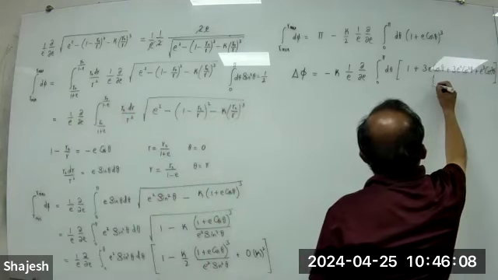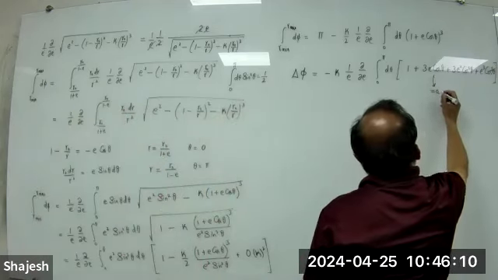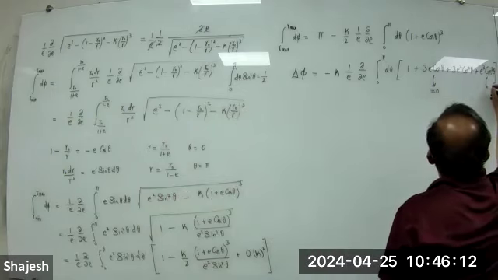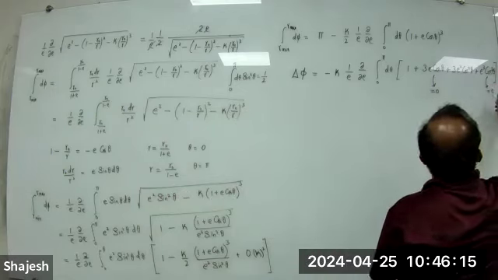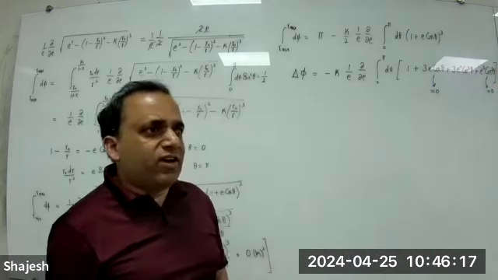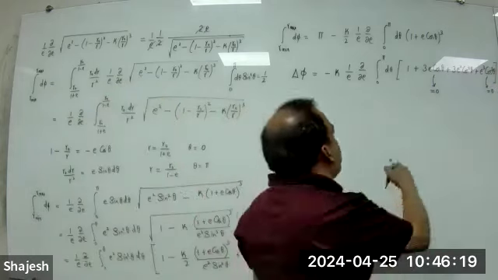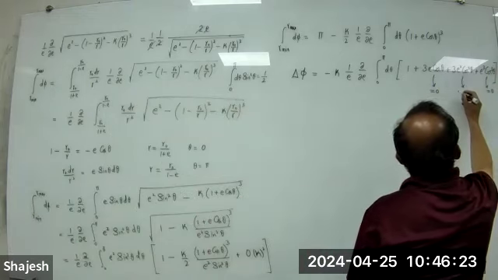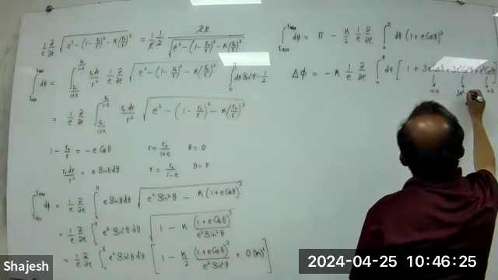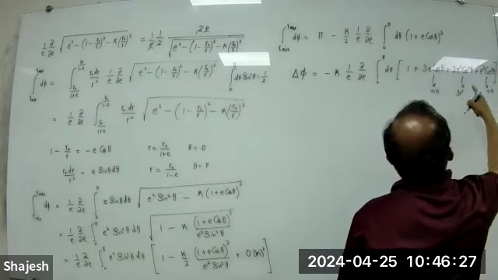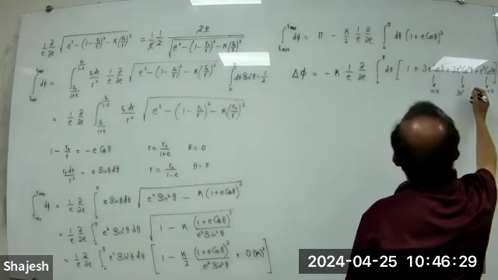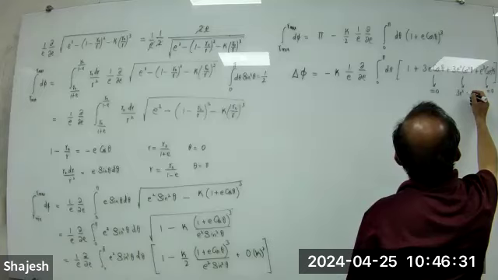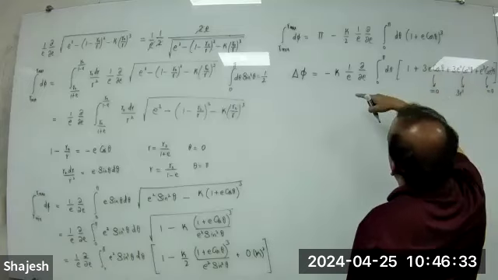This integral comes out to be 0, and this integral comes out to be 0. Odd powers come out to be 0, and this integral gives you 3 e squared, and there is a factor of 2.